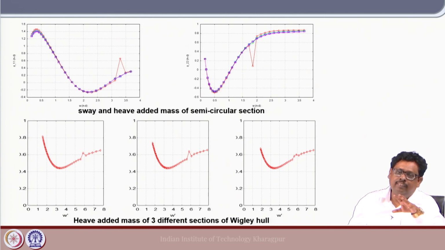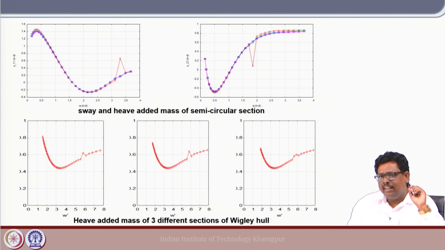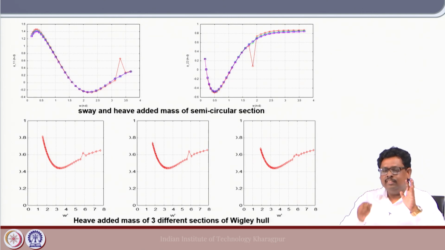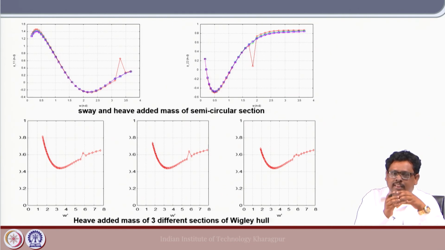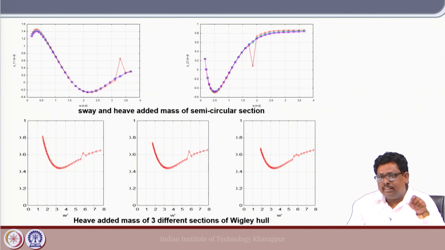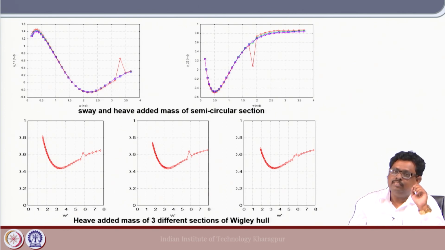So, if you solve and get a spike, it could be because of this irregular frequency. At certain frequencies, a singular matrix is generated, and then you can have such a spike, and we must remove those frequencies, which are called the irregular frequencies.